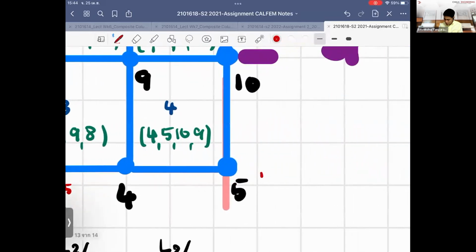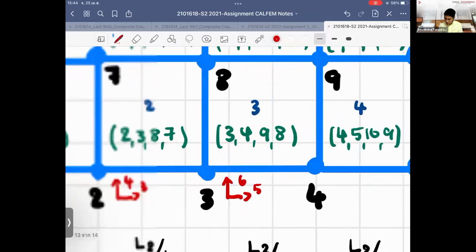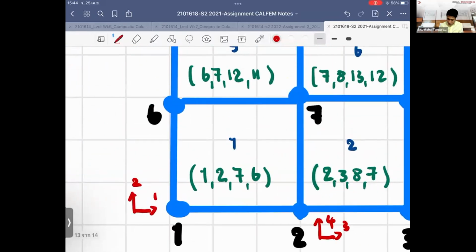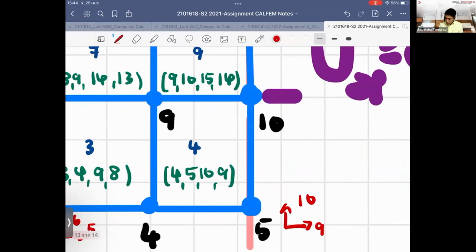Right up to this one here, you have 9, 10. And if you go on the second line, you have 11, 12. You go to the end, you have 19 and 20 and so on.